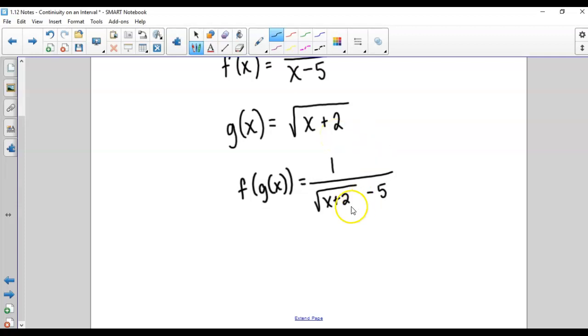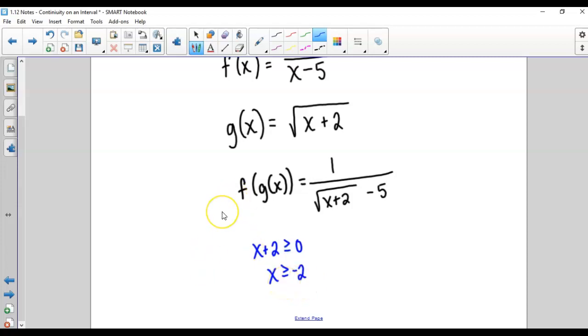So what's underneath the square root, the radicand, has to be greater than or equal to 0 for the domain of that function. So x plus 2 has to be greater than or equal to 0, and so that tells us that x has to be greater than or equal to negative 2. So this is part of our domain here.